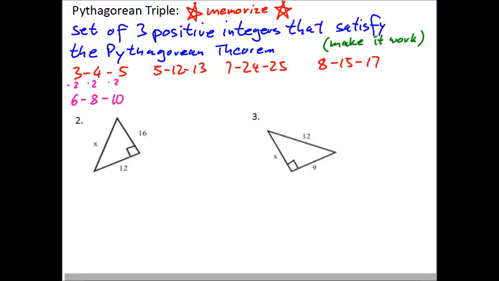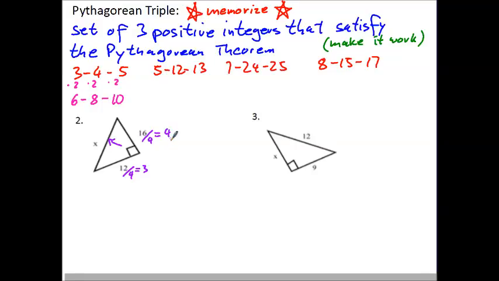In number 2, we are given the two sides 12 and 16, and we are looking for the hypotenuse. So we have indeed two legs given. The hypotenuse is what we're looking for. 12 and 16 are not numbers that we have seen up here in our Pythagorean triples. But if we look at those numbers a little bit more closely, we realize they can both be divided by 4. So let's see what that gives us. That gives us 3 and 4.